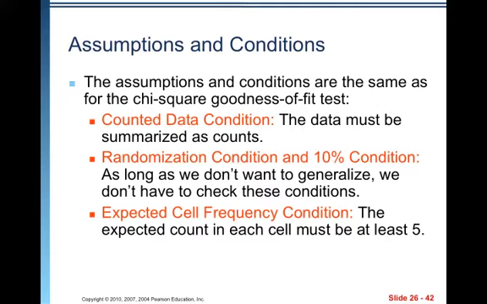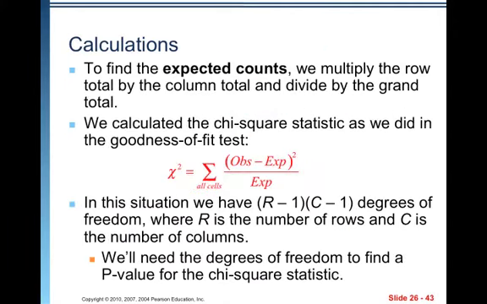The expected cell frequency, again, the expected counts, not the observed counts, in each cell must be at least 5. To find the expected counts, this is important. Your calculator will do this for you most of the time, but you need to know how to do this. You never know when, on a multiple choice question or a really well-worded free response question, the College Board forces you to be able to calculate an expected count.